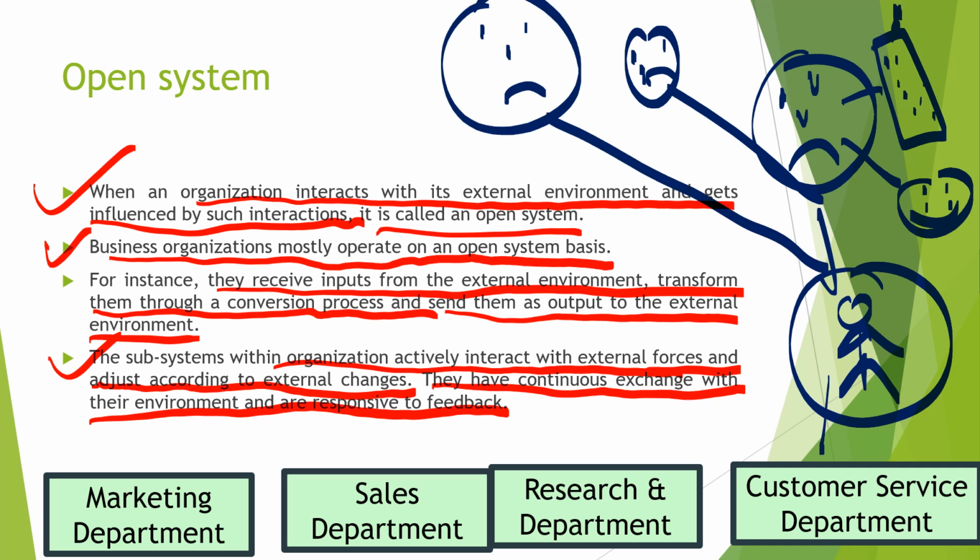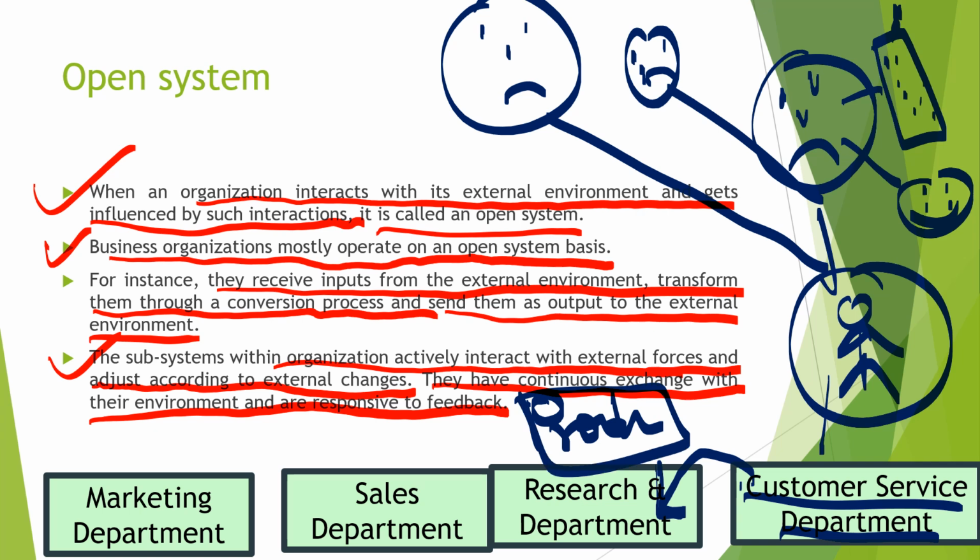So this is the work of the customer service department. They provide the feedback to the research and development team. The research and development team prepare a new design and they ask the production department to prepare that unit with some modifications.